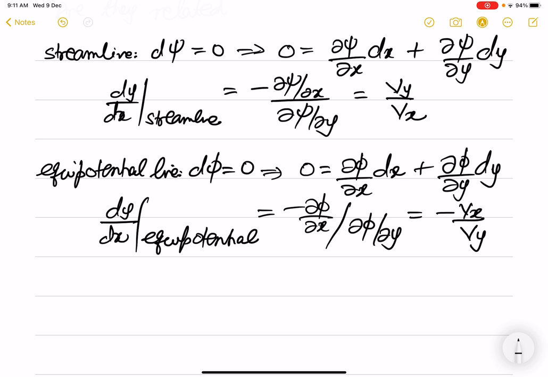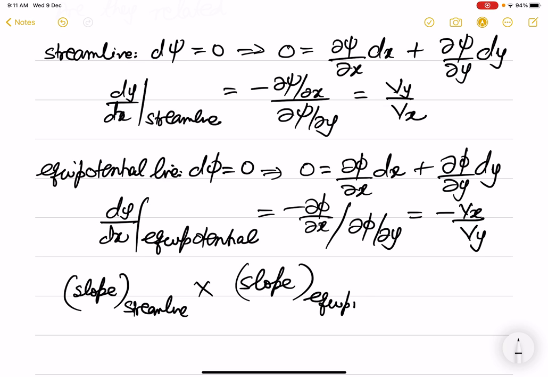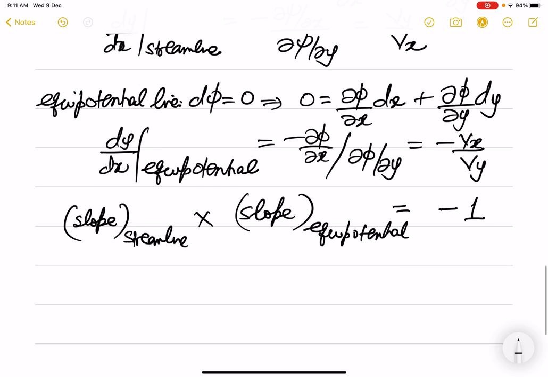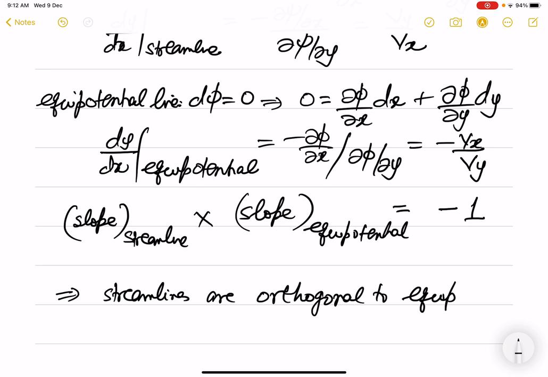And what we find is that slope of streamline multiplied by slope of equipotential line is equal to minus 1. And what does this mean? This implies that streamlines are orthogonal to equipotential lines.